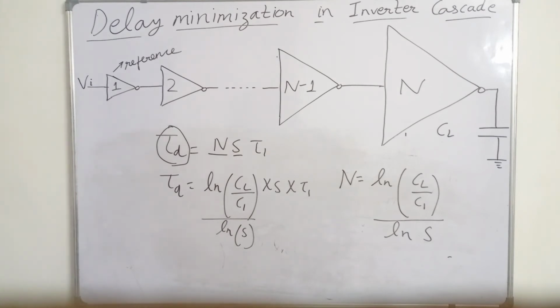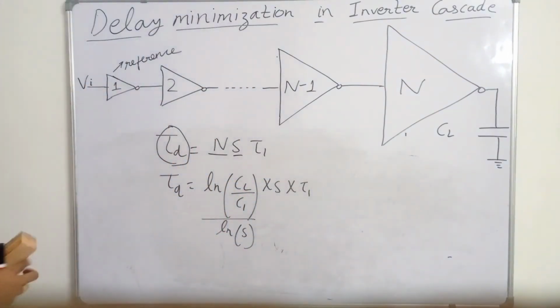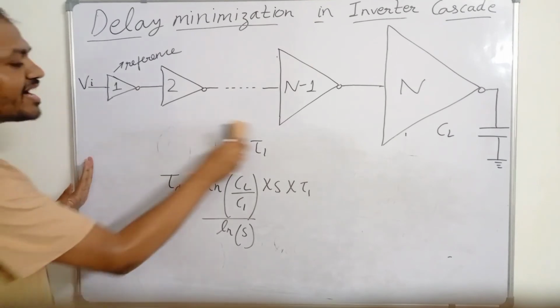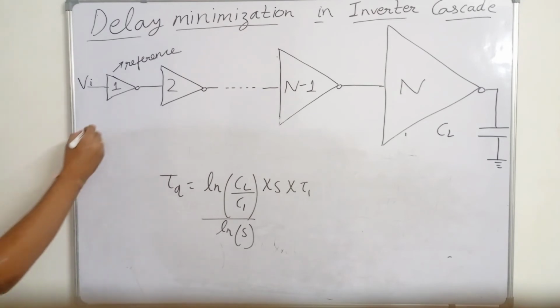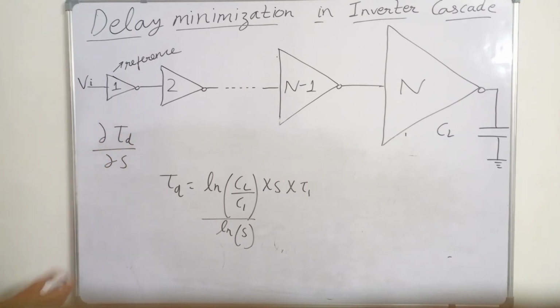To minimize this, we find the partial derivative with respect to S. Why with respect to S?